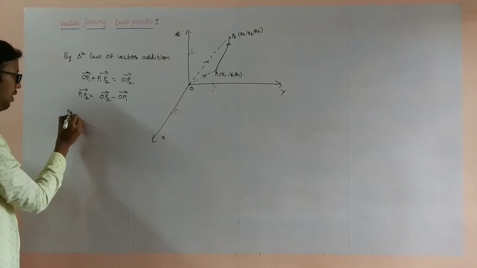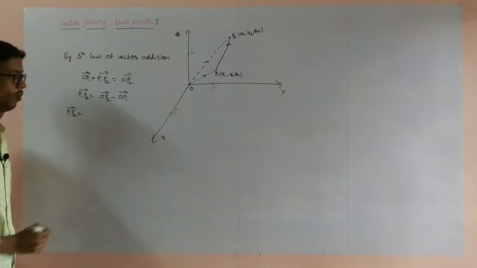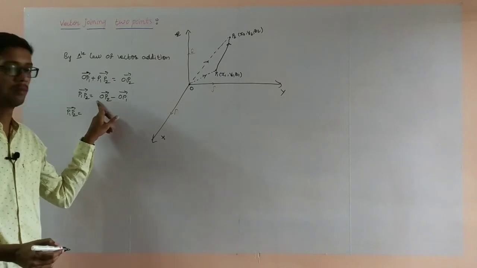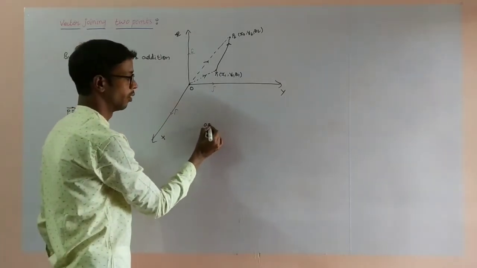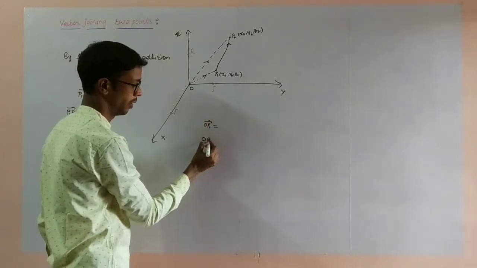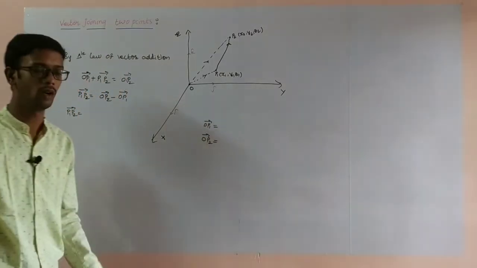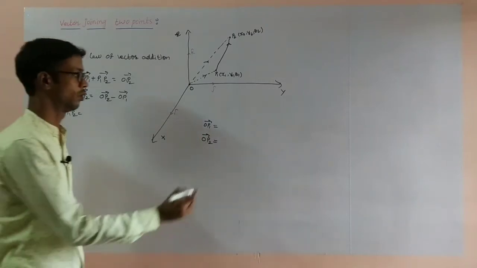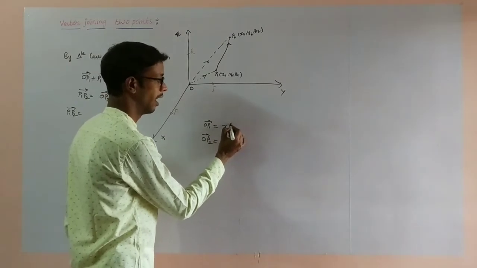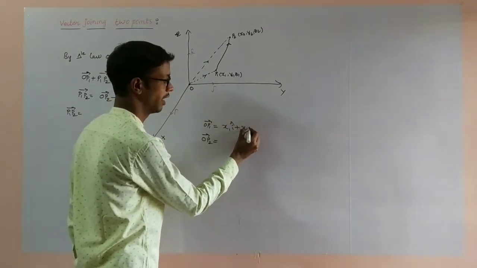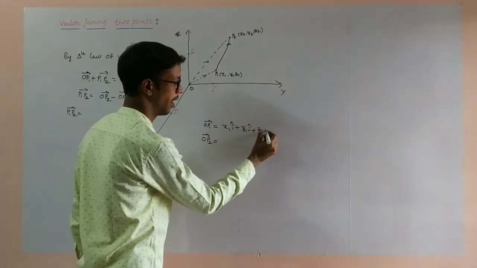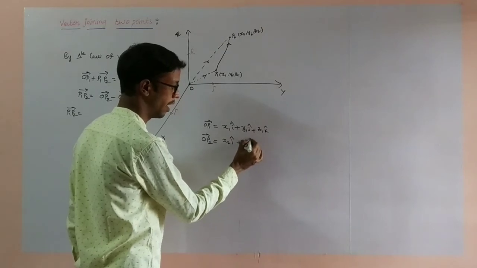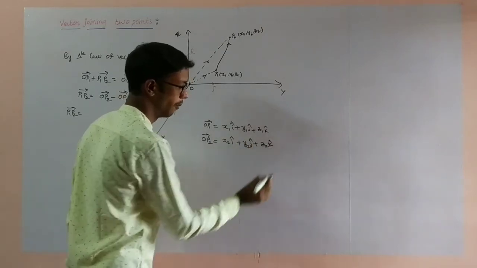P1P2 bar is equal to OP2 bar, the position vector of P2 with respect to O, minus OP1 bar, the position vector of P1 with respect to O. That is x1 I cap plus y1 j cap plus z1 k cap, and x2 I cap plus y2 j cap plus z2 k cap.